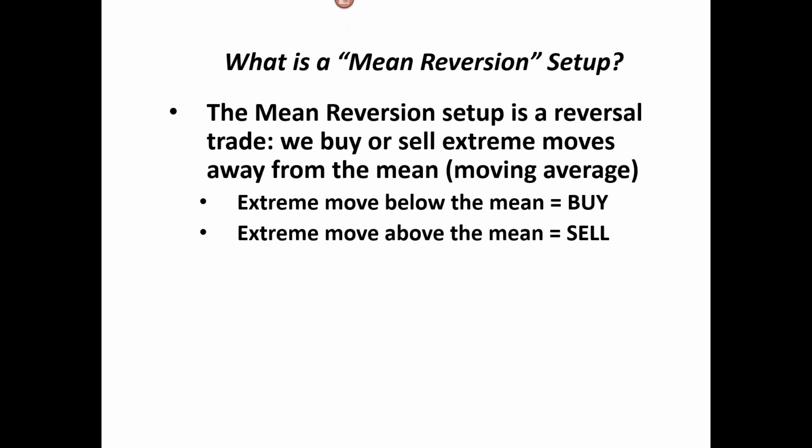Now, we can't just buy extreme sell-offs and sell extreme rallies, because that's a recipe for disaster, right? Never catch a falling knife. But we have ways in this setup of determining that critical moment where the stock has reached its lowest point and is about to reverse.